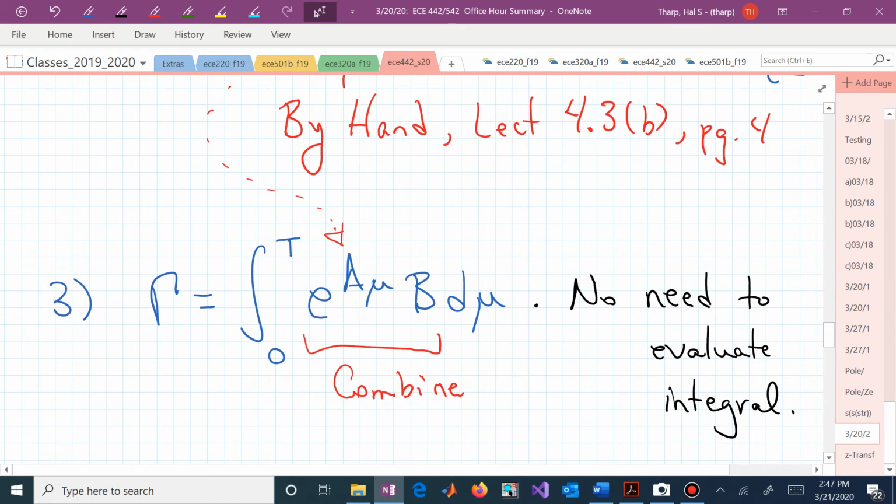Let's say the next step in that process is to find the input matrix in the discrete equivalent. That's this gamma.